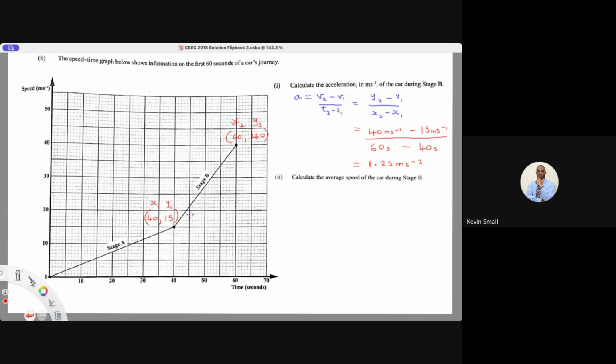Okay, now the next question: the average speed in stage B as well.